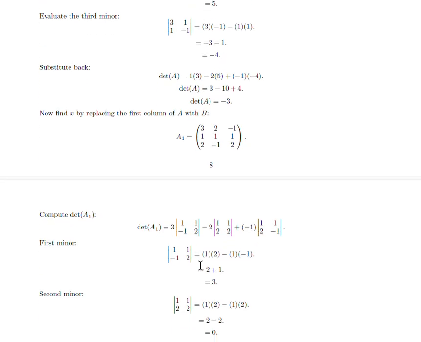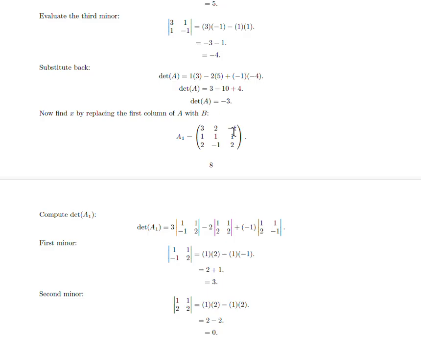Right, the same way, we'll take 3 times the determinant of this 2 by 2. When we eliminate row 1 and column 1, we are left with 1 1 minus 1 2, right? Then minus 2 is on row 1 column 2. We delete row 1, delete column 2, we have 1 1 2 2, right?